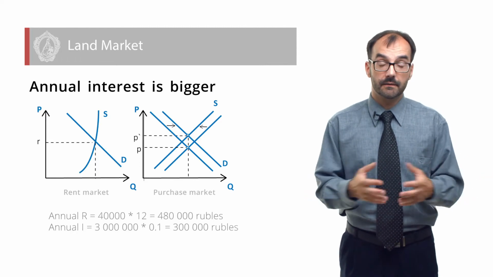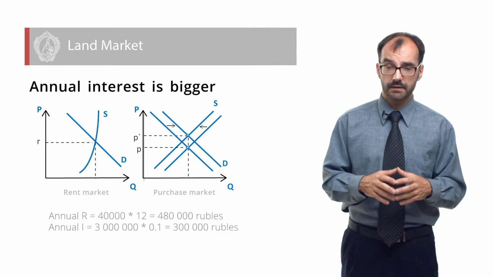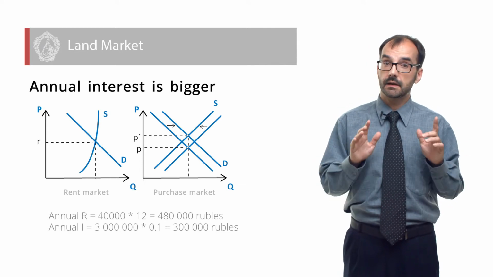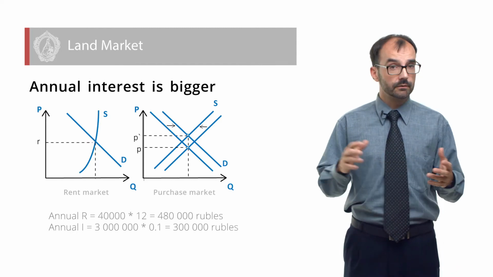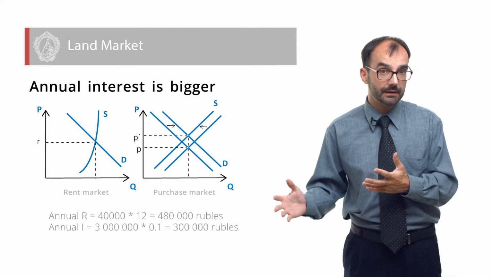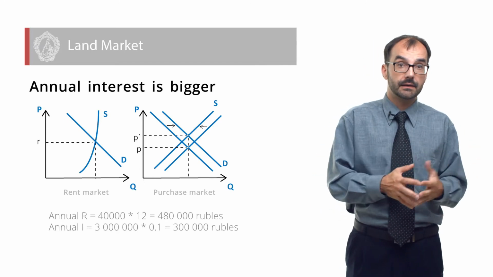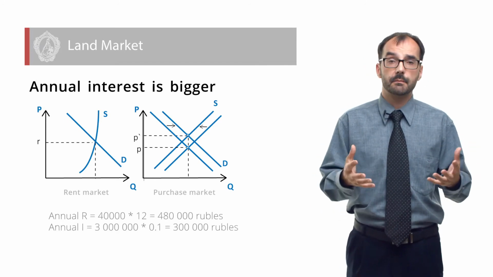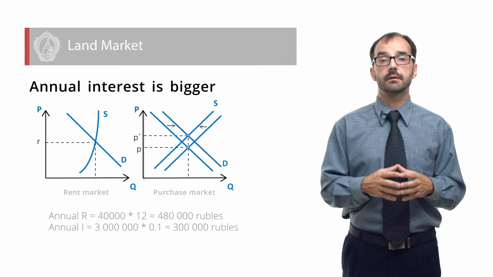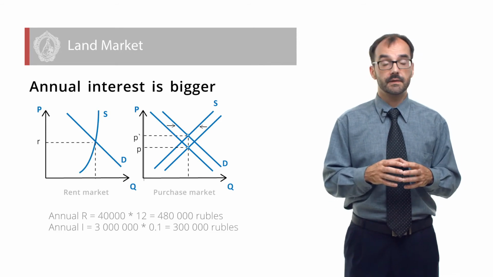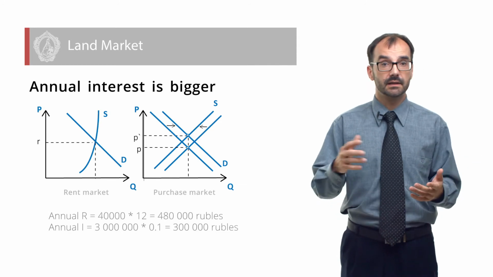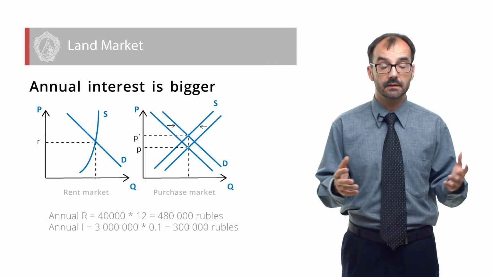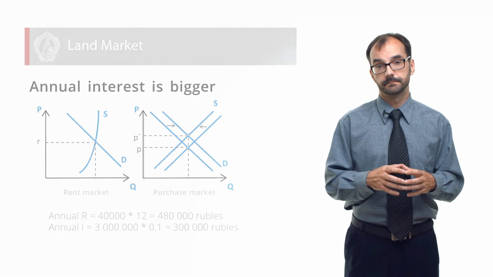As you see, the market will find this equilibrium price regardless of the initial combination of these prices. The money will flow between the property rights market and the bank deposits market until the annual interest income becomes equal to the annual rent income. This is how the purchase price for any apartments, office, land, or other real estate is determined.